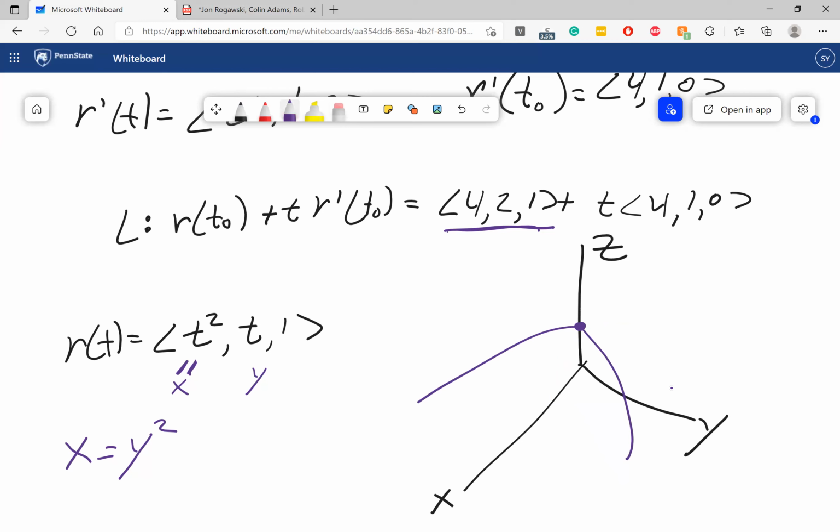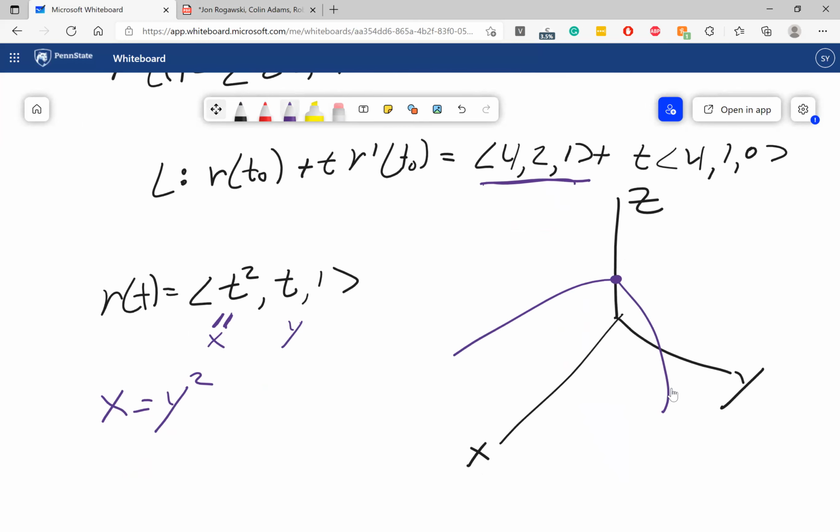X over here is t squared, and Y is equal to t.